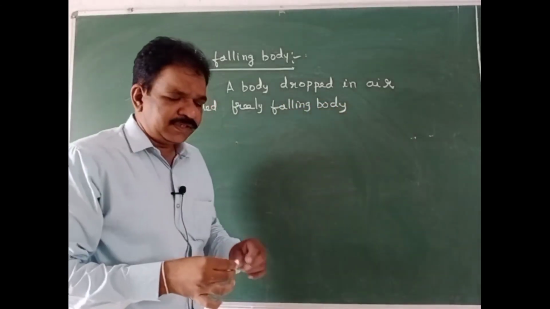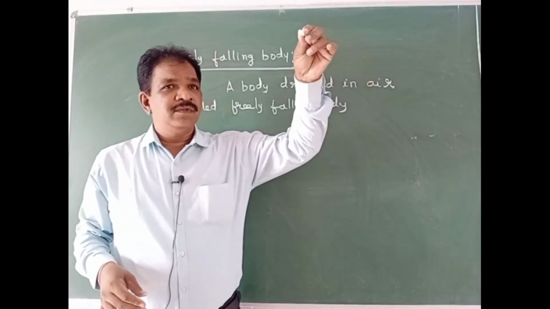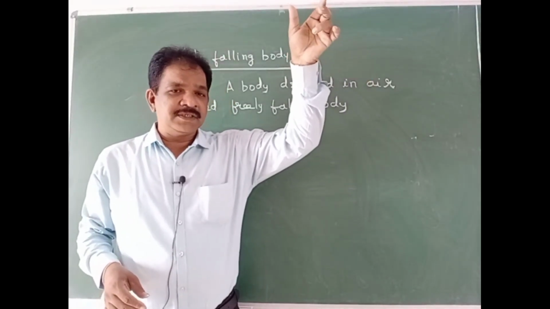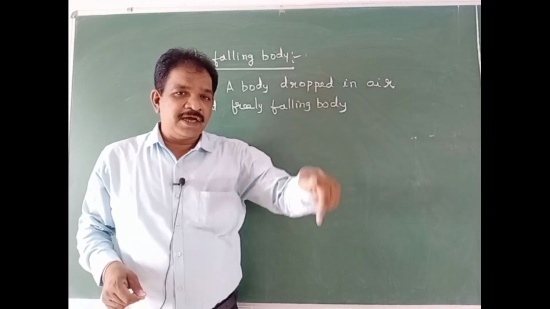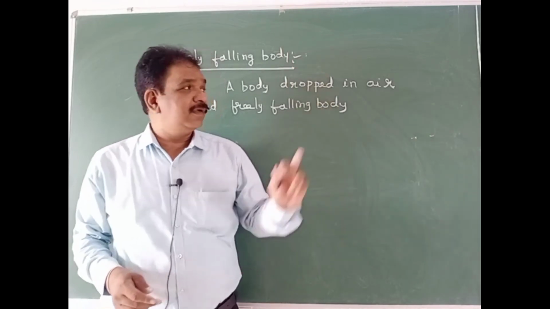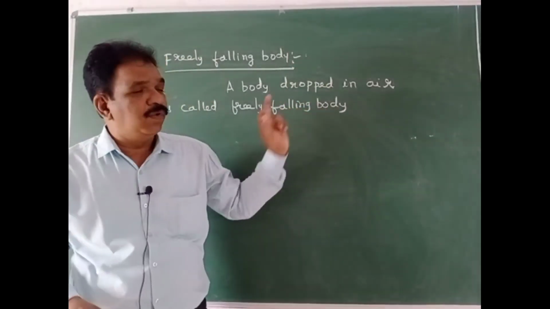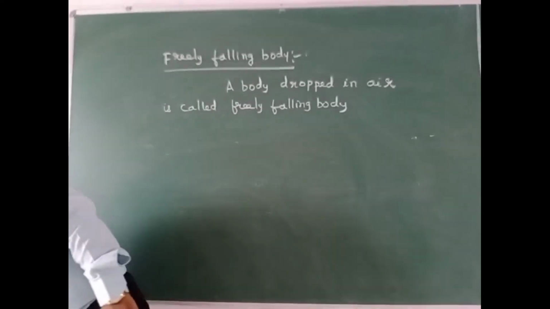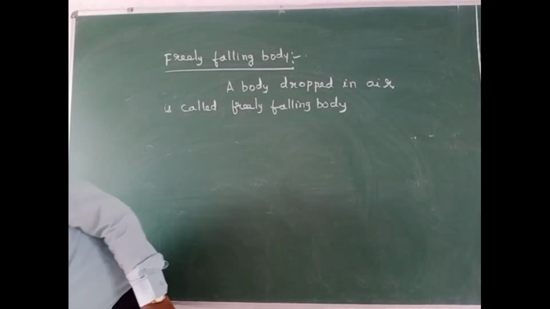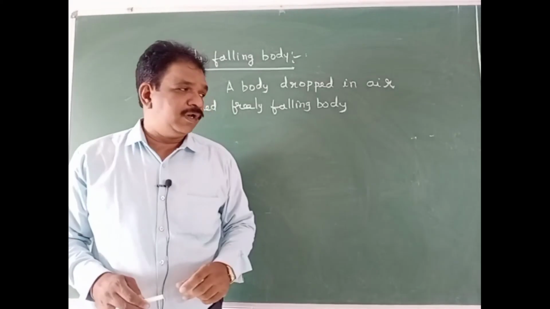For example, this chalk piece is there. I dropped this chalk piece in the air. Then that chalk piece will be called as the freely falling body. A body dropped in the air, that will be called as a freely falling body.